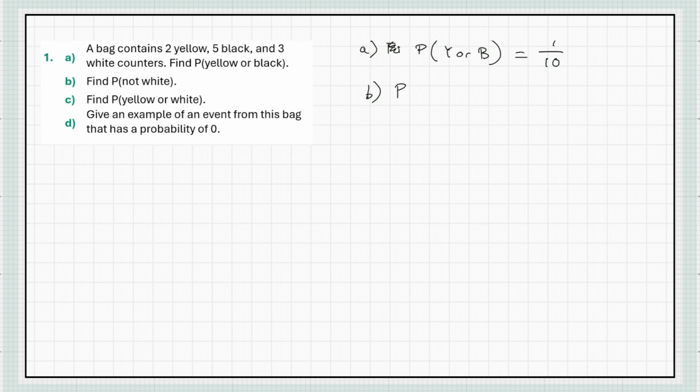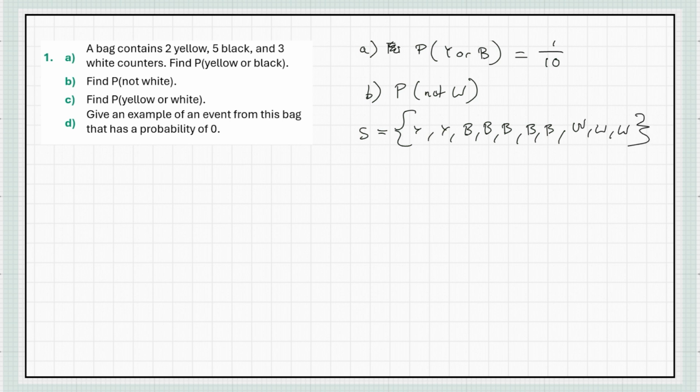Alright. What's the probability of not white? So not white, we are looking at the complement. If we look at the sample space of this particular chance experiment, we have yellow, yellow, and black, black, black, black, black, and then white, white, and white.